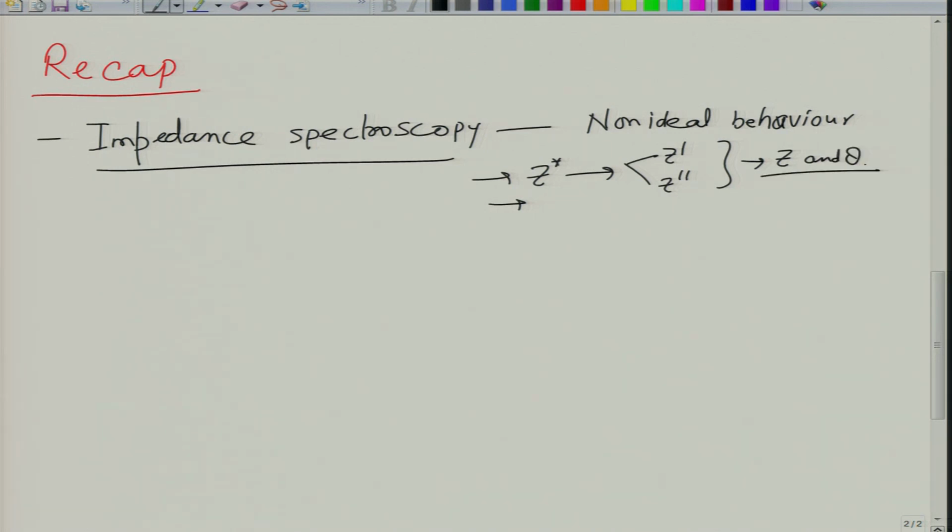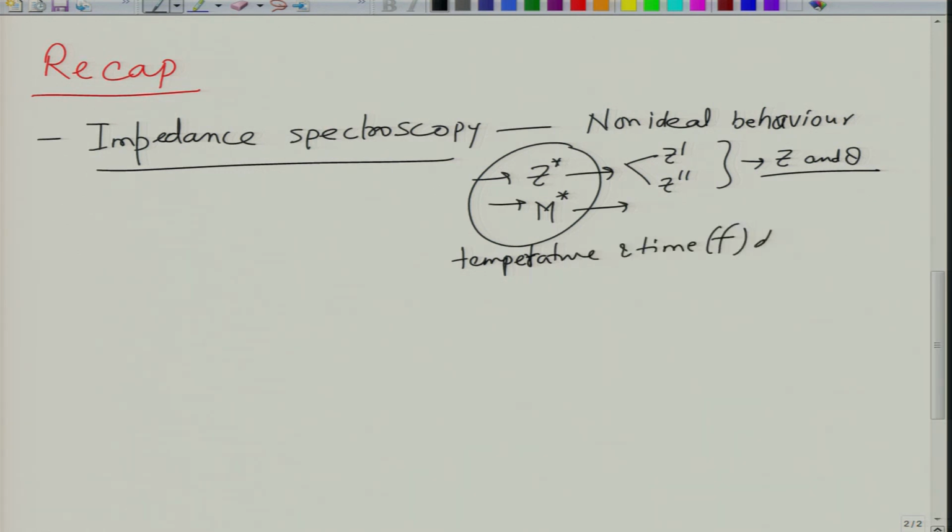Theta will also allow you to measure the loss tangent, and from the electrical impedance you can determine the modulus, and by combining temperature and time dependent measurements, time means frequency, right, one can determine things like Ri, Ci.